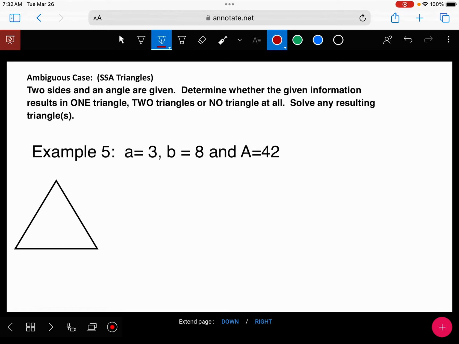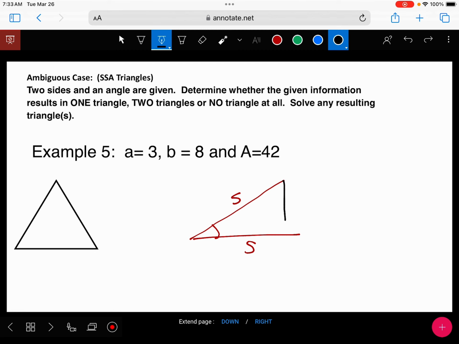It's kind of hard for me to draw it out, so you don't have to draw this. But if you have these two sides, so I have a side and I have an angle, we don't know if this third side is going to be long enough to connect.